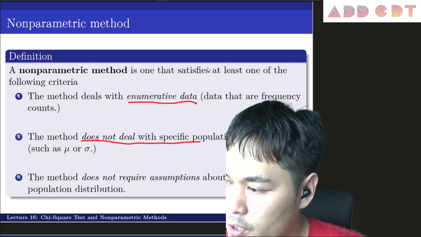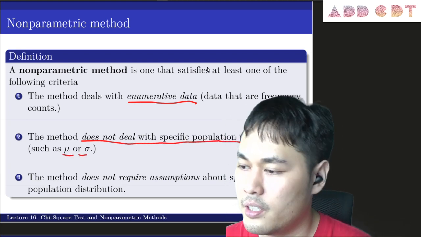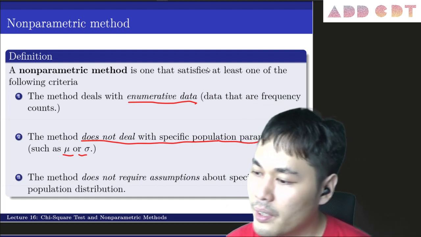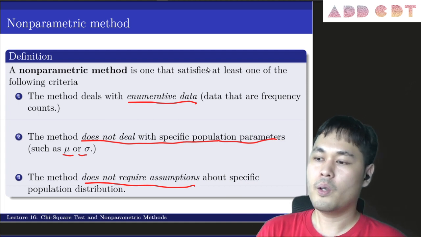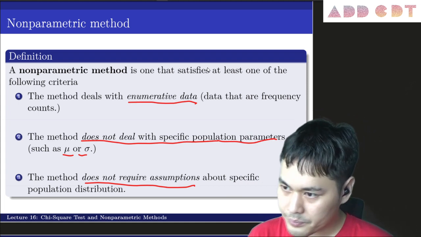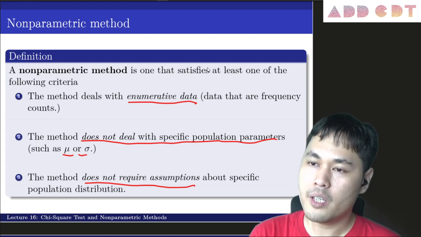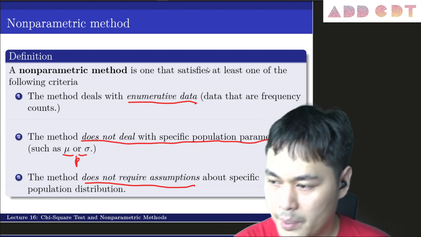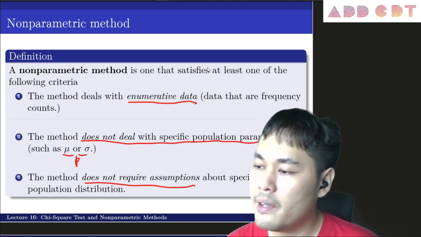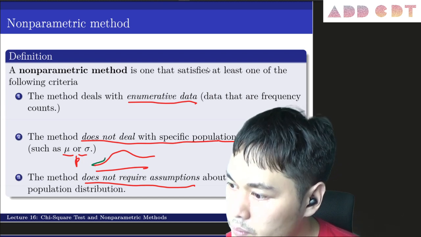This one does not deal with specific population parameters, so not these two, and everything else. This method doesn't require assumptions about whatever distribution it is, because to perform the hypothesis test for mu and for p, we have to always assume that they are in the bell shape.